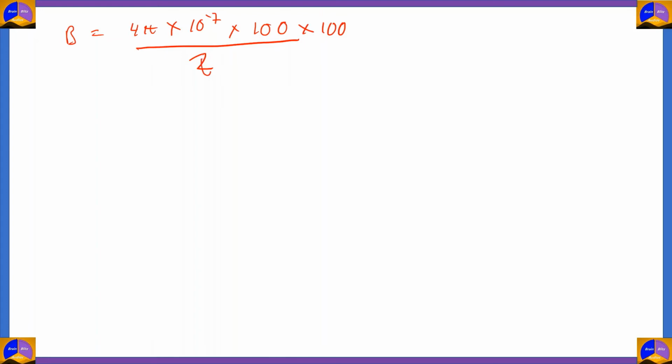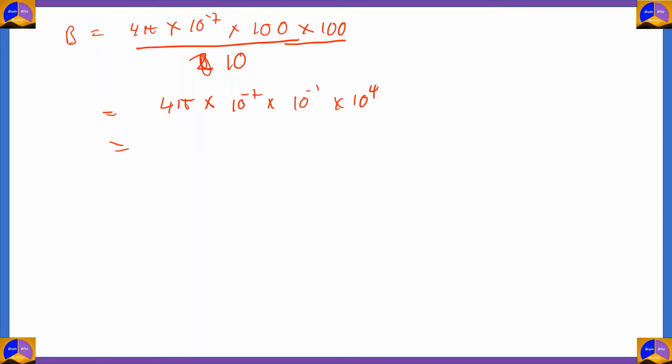I mean, no, it's actually 10, and then on the numerator it's 100, because 2 times 5 is 10, and 10 raised to minus 2 went to the top. So 4 pi into 10 raised to minus 7 into 10 raised to minus 1 into 10 raised to 4.